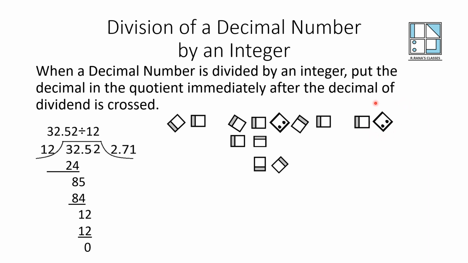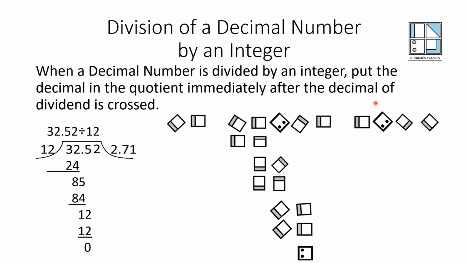Now again 12 sevens the 84, subtract, we get 2 and we get 1 and 2 is brought down. 12 1 the 12, subtract to get remainder 0. I think the only difference was that no lines, and put the decimal in the form of the symbol after the decimal of the quotient is crossed.